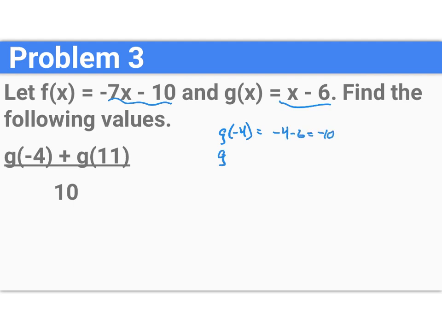Then we have to find g of 11, which is 11 minus 6, which is 5. Okay, so we take g of negative 4, which is negative 10, plus g of 11, which is 5, divided by 10. We get negative 5 over 10, which is negative 1/2.